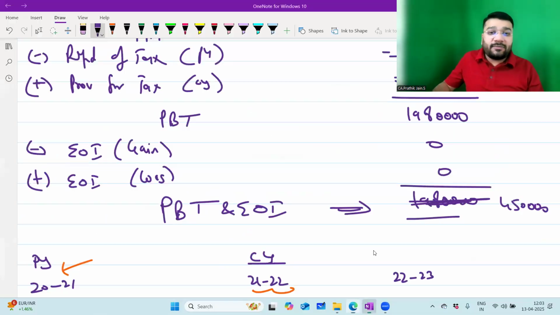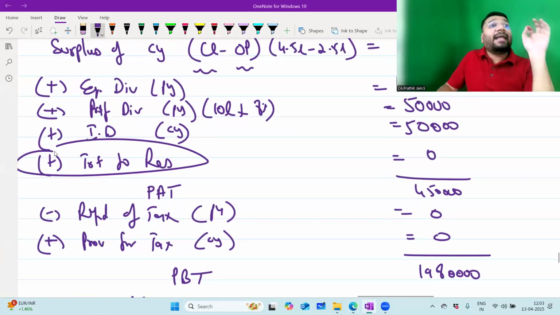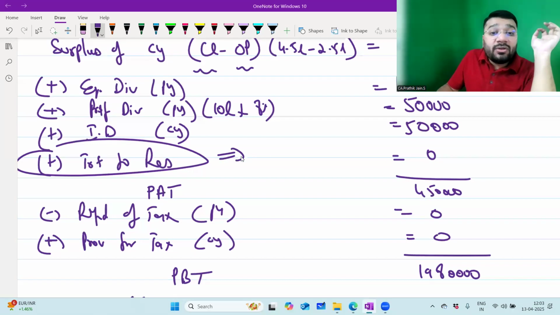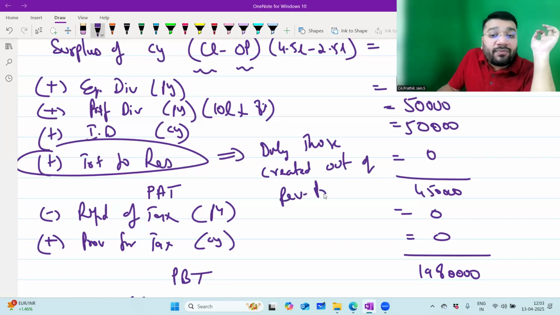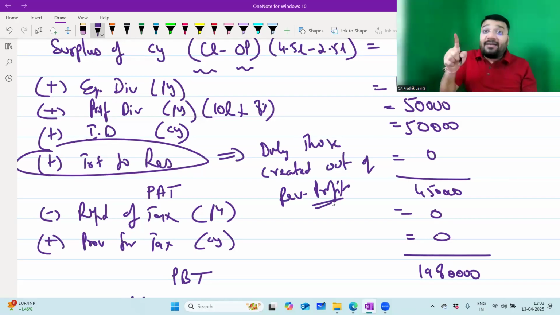In other words, when I said add back transfer to reserve, I need to reverse only those reserves created out of revenue profits. If any reserve is increasing in the balance sheet and that is not because of the revenue profits, that reserve increase I will not consider in my calculation. Do you agree with me? Yes, sir. Is this logic clear or not clear?